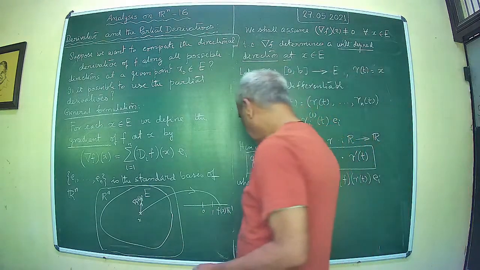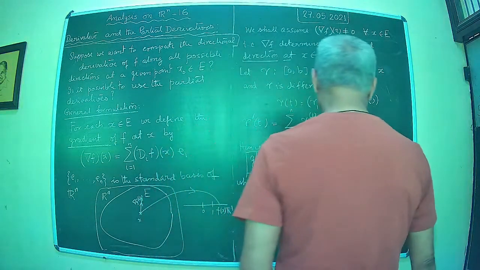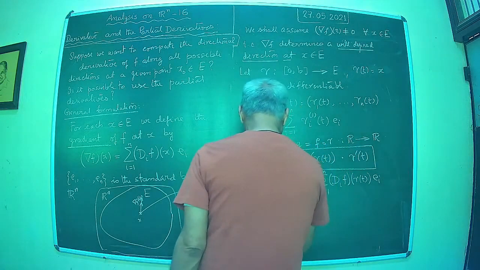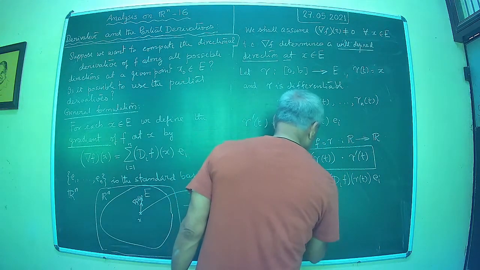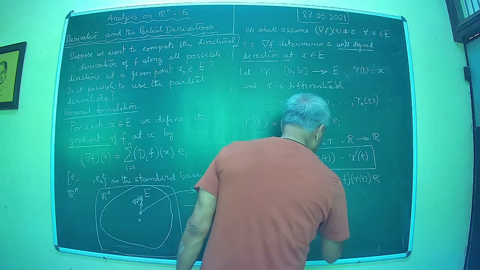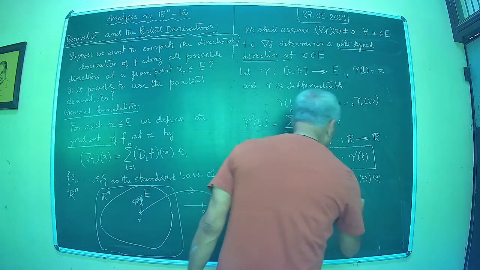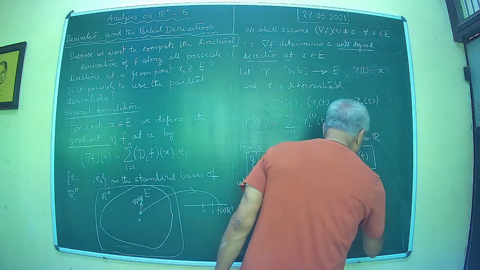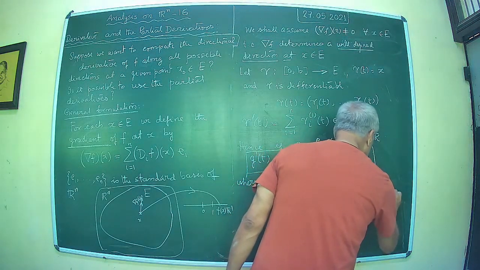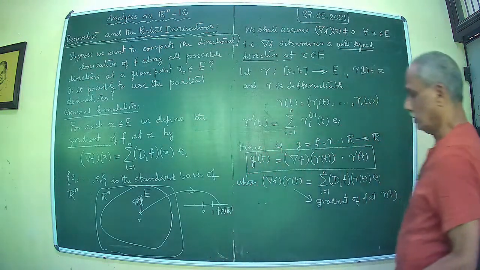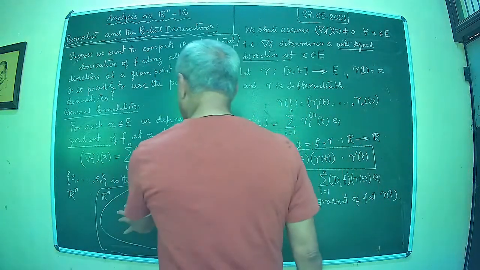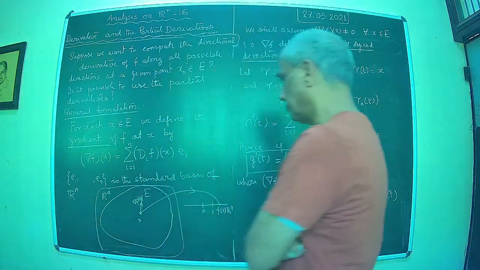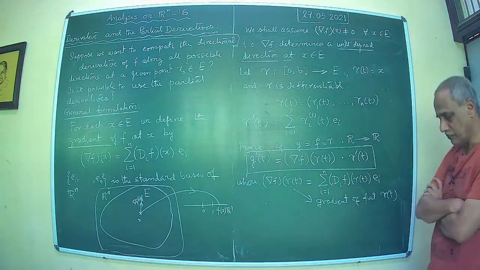That is the gradient of f at gamma t. Now this is what we call. So what you are doing is this: once the function f is given, you are associating with a vector.